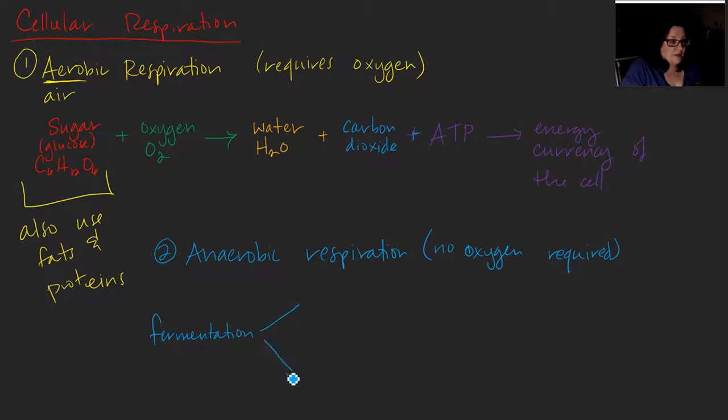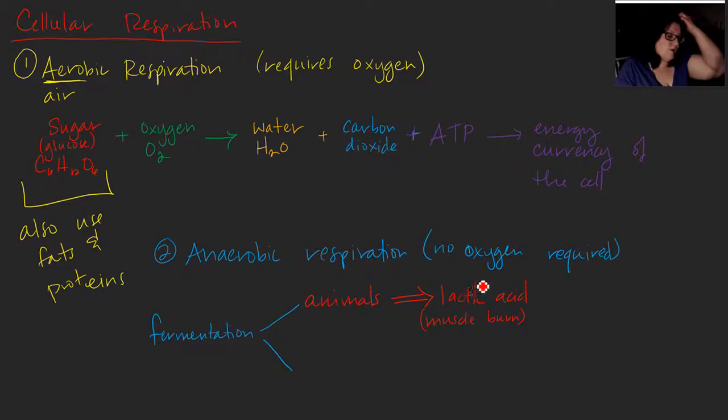And we do this, and so do other organisms. We animals do. So animals, we produce lactic acid from fermentation instead of energy. We get a little bit of energy from it. Now, lactic acid causes muscle burn. If you've ever been running or you work out, you will feel muscle burn sometimes.